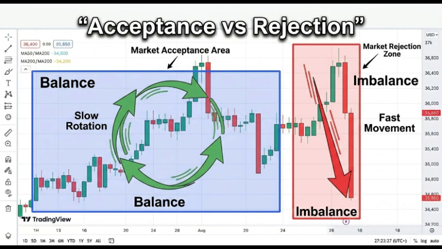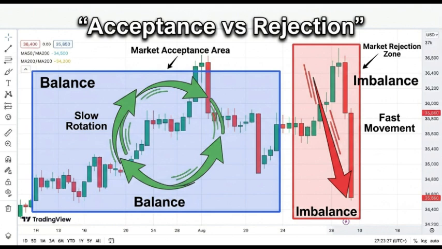That means traders were comfortable doing business there. But when price moves quickly through an area with very little trading, that means the market did not accept that zone for long. Those areas often become powerful later because price can react fast when it returns there.